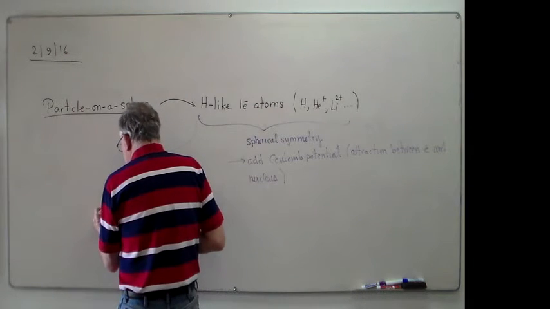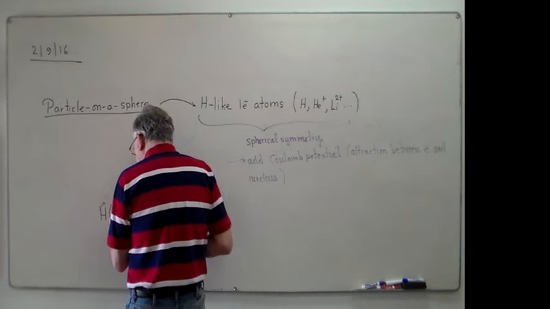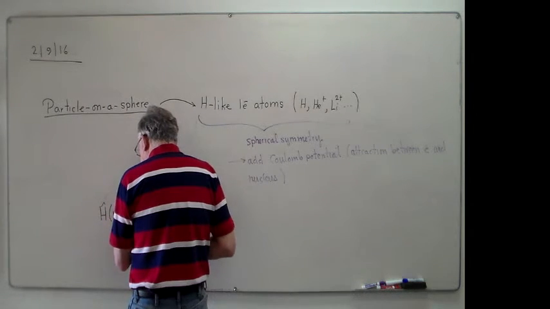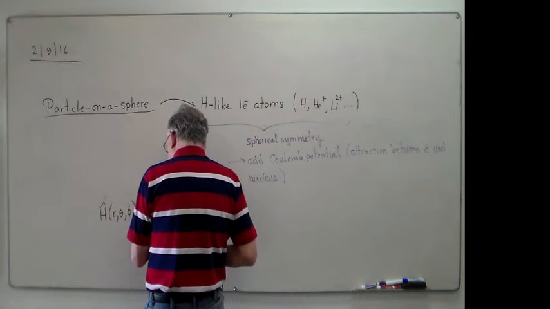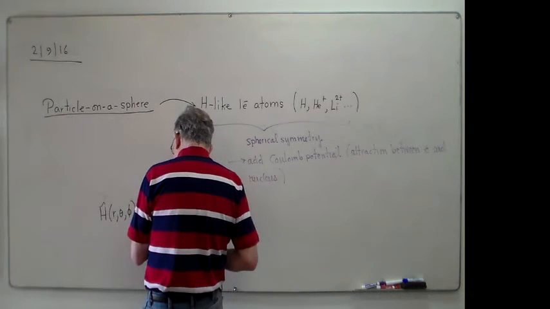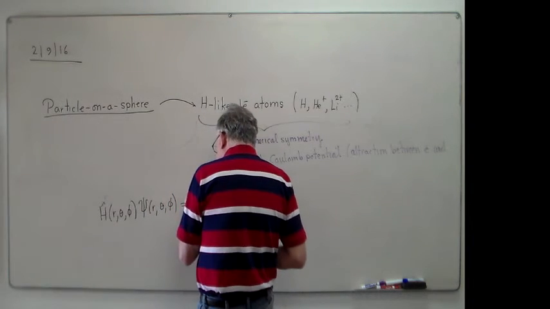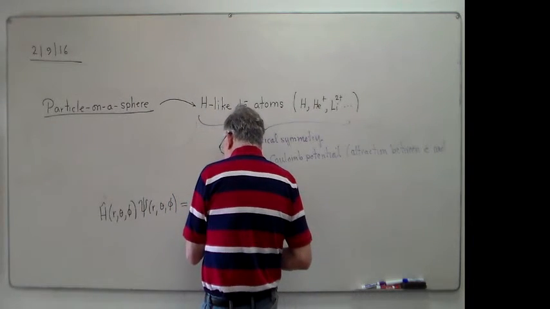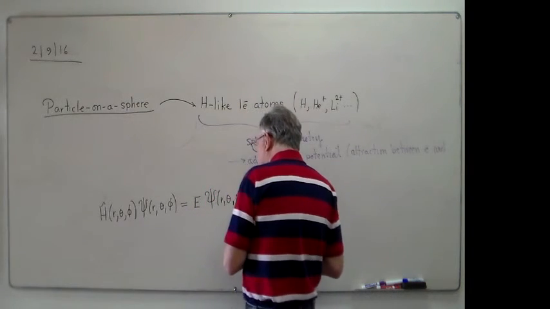So we're going to have H of r, theta, and phi times psi of r, theta, phi equals E psi of r, theta, and phi.